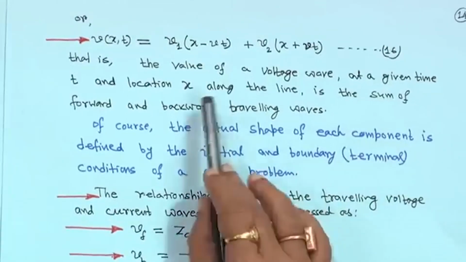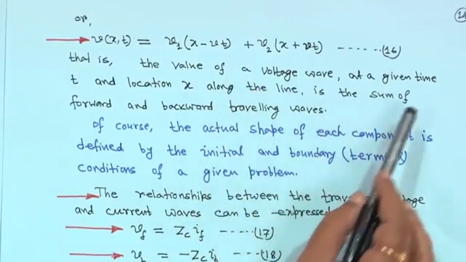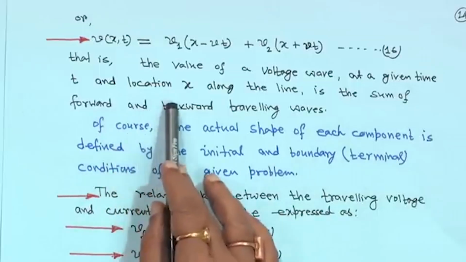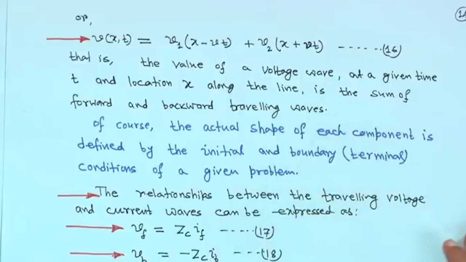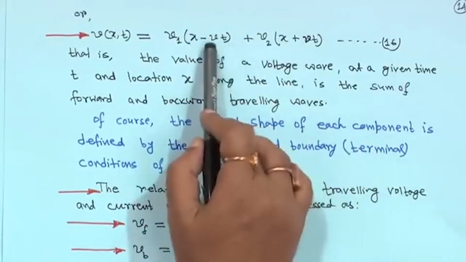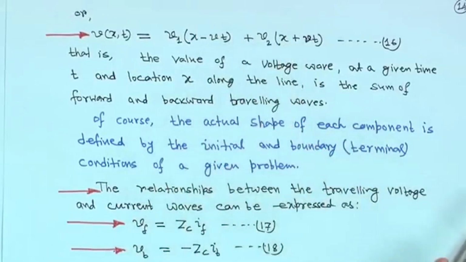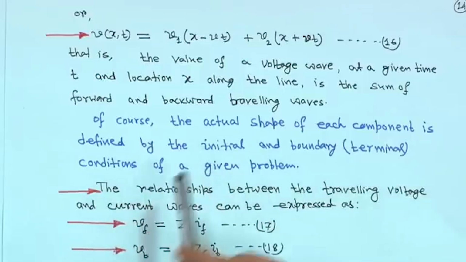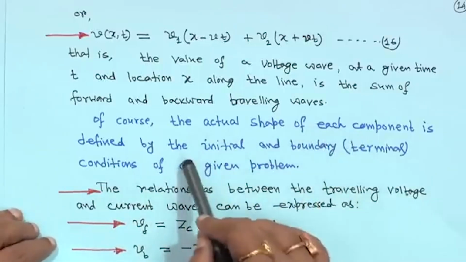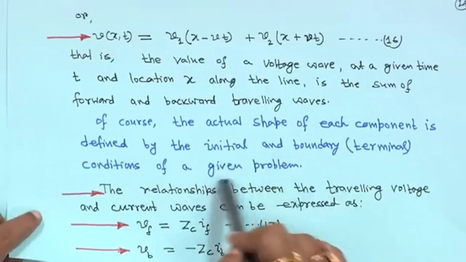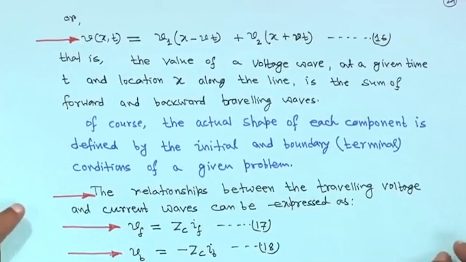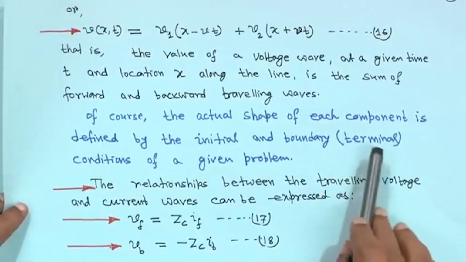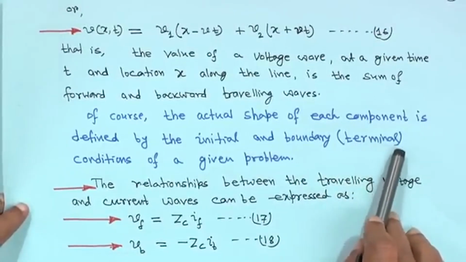Now, the value of a voltage wave at a given time t and location x along the line is the sum of forward and backward travelling waves. If you know the expressions of these two, you can easily find it out. Of course, the actual shape of each component is defined by the initial and boundary conditions of a given problem. You have to know the initial and boundary conditions, that is the terminal conditions, sending end and receiving end, right.